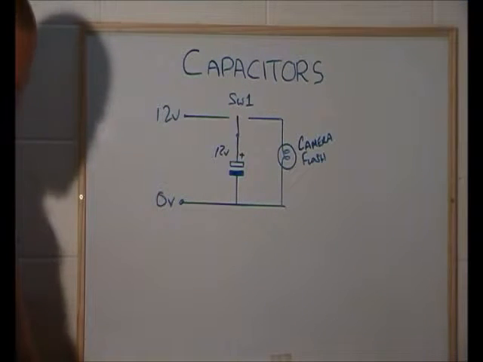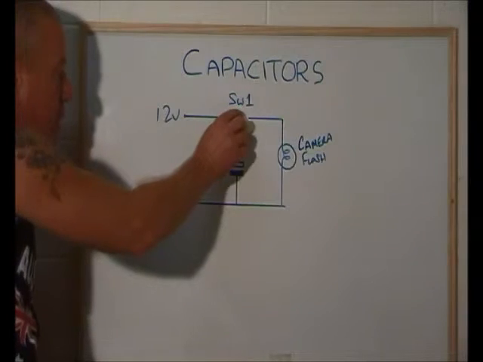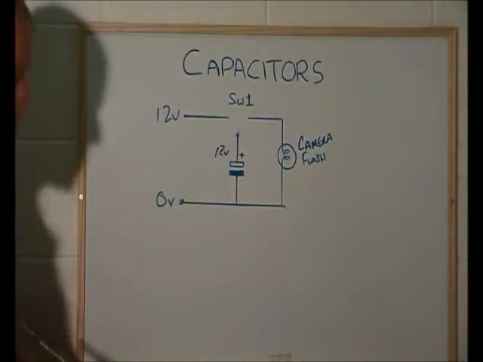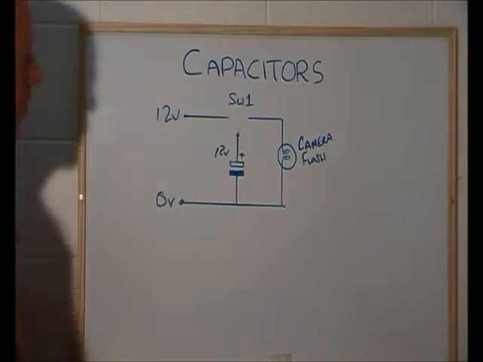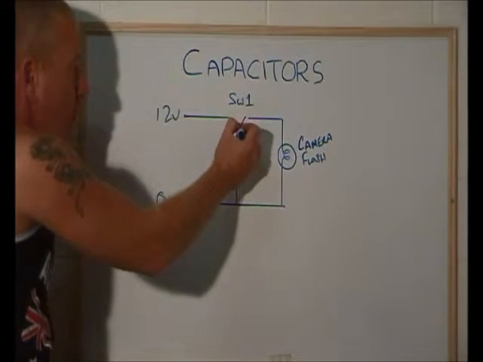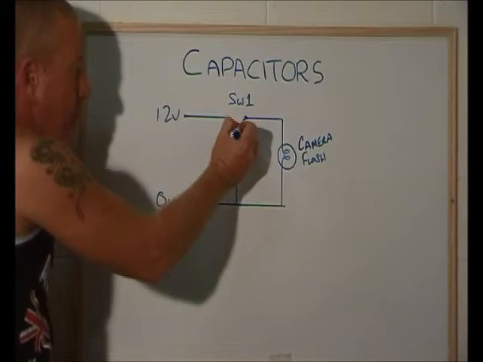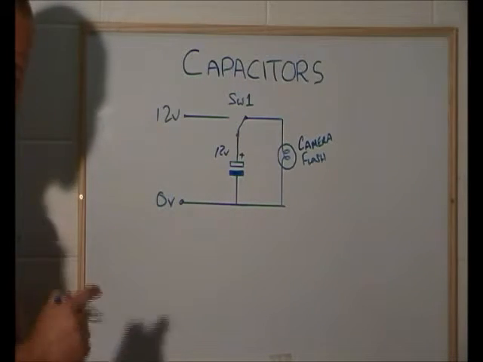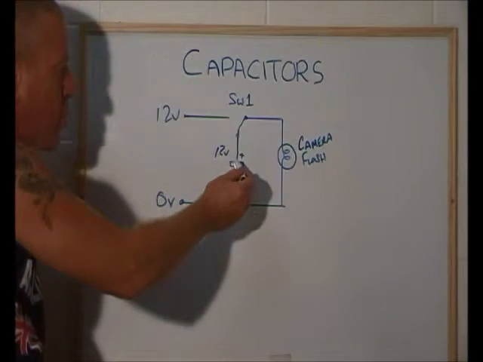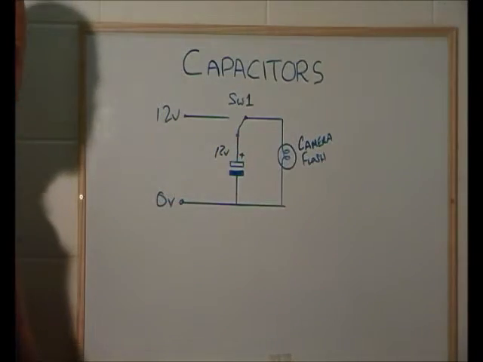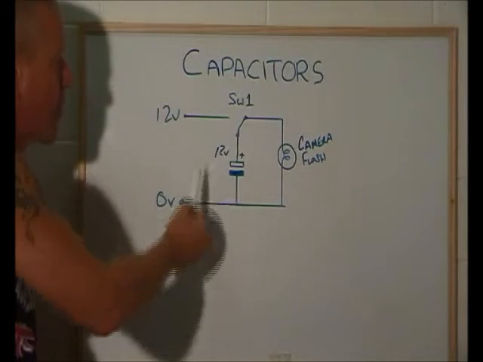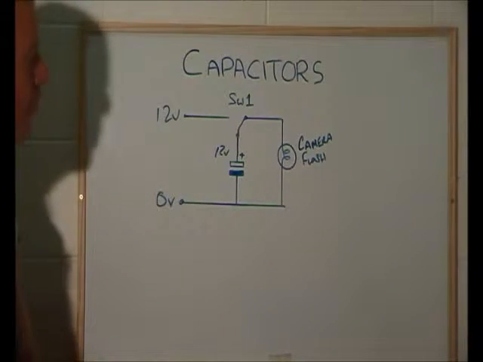Then we take our switch and connect it to a camera flash bulb, like that. All of a sudden, the capacitor will discharge back through the flash. It will lose its charge.